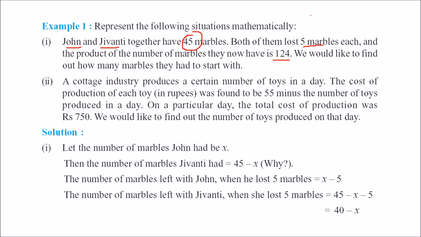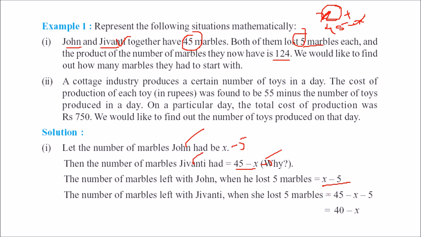If John has x marbles, then Jivanti would have 45 minus x, because the total has to be 45. Both of them lost 5, so x minus 5 and 45 minus x minus 5.